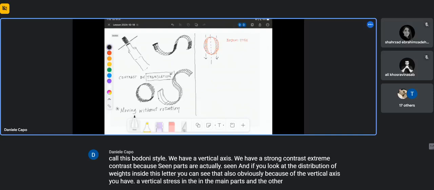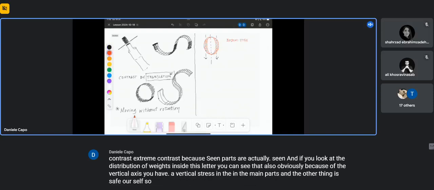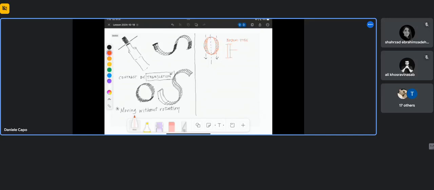And the other thing is serif. So let's see letters like H, where serifs are thin, straight lines.